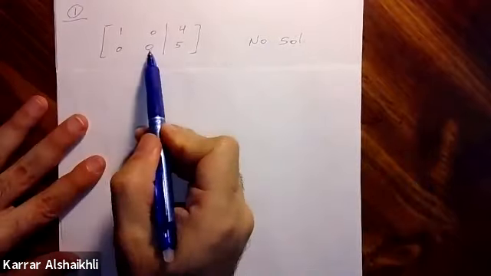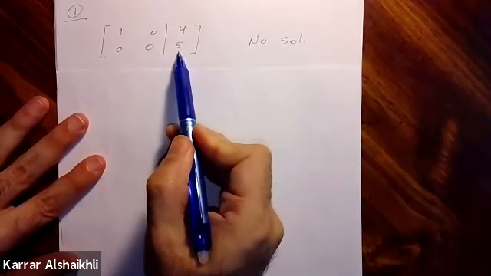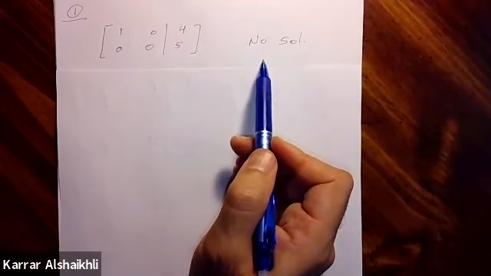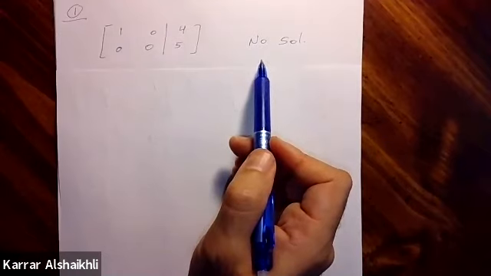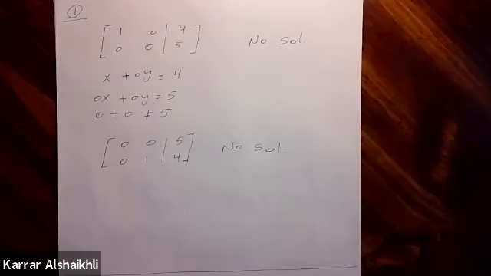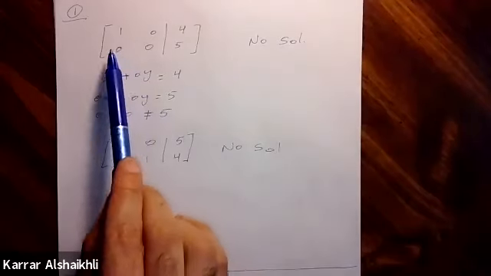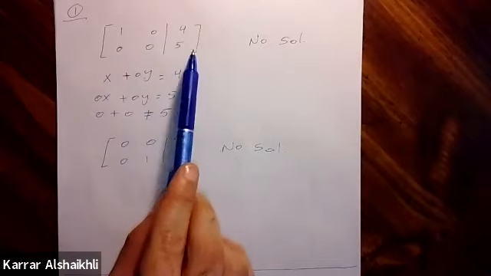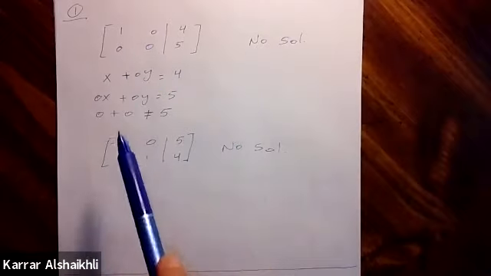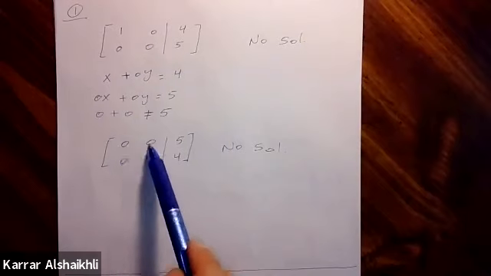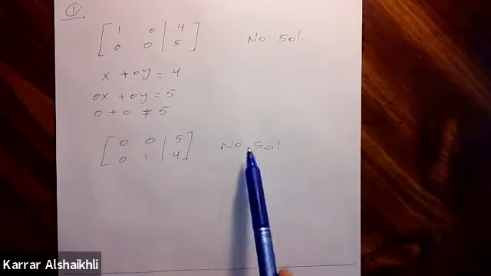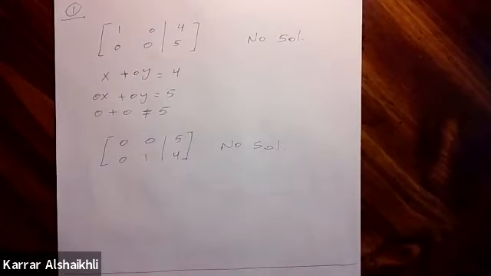I got two zeros in the same row, but there's a number here, so it's going to be no solution. When you solve it and you find two zeros in the same row with a number, that means you're just going to write down there is no solution for this system.